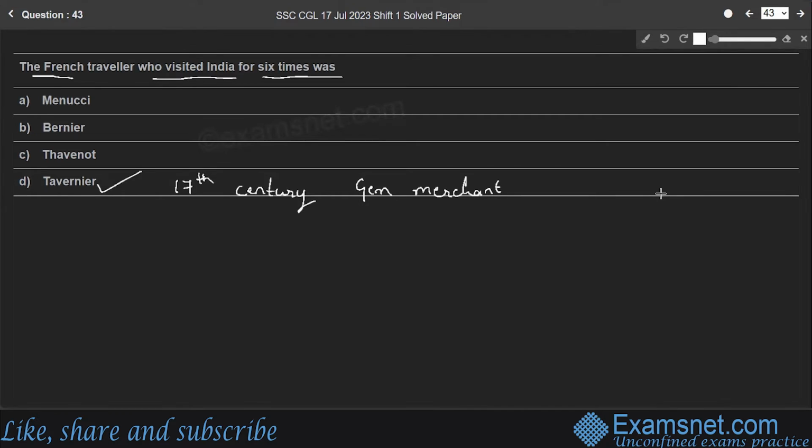Tavernier, a private individual and merchant traveling at his own expense, covered by his own account 60,000 leagues in making 6 voyages to Persia and India between the years 1630 to 1668. Therefore, Tavernier visited India 6 times. Option D is the right answer.